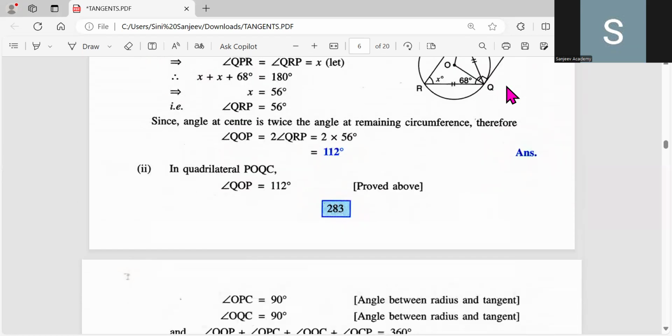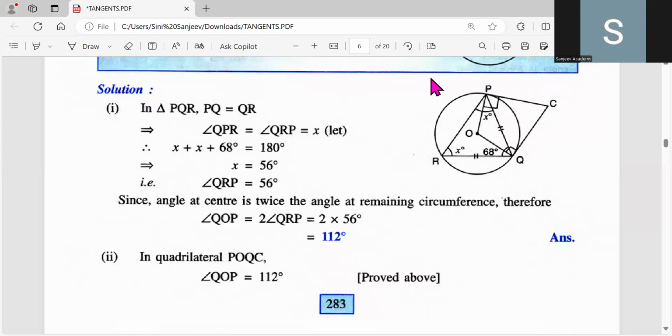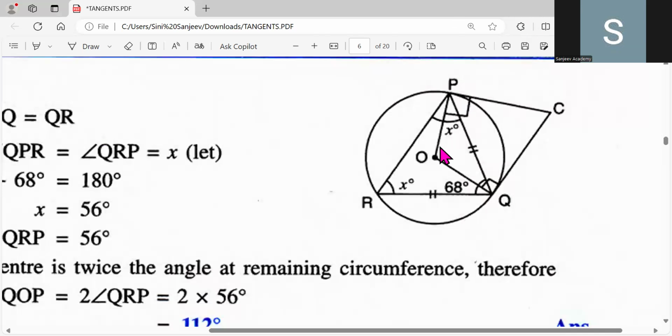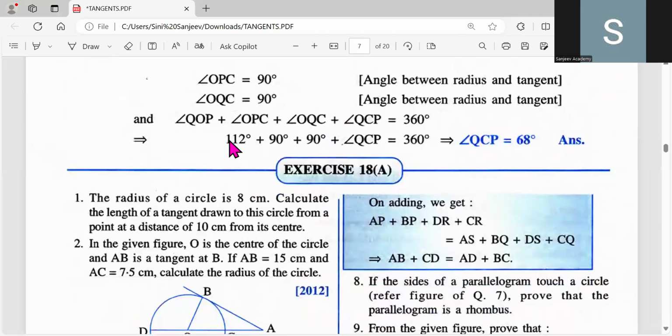That's it. So we need not do these many steps. Directly we can write 68 degrees. Angle QOP, which I got as 112, and this angle are opposite, so both are supplementary. That's it. So you can get the answer fast.